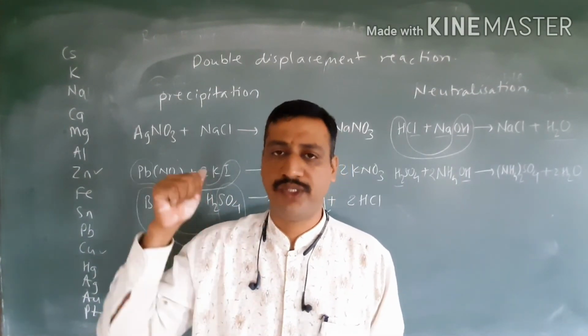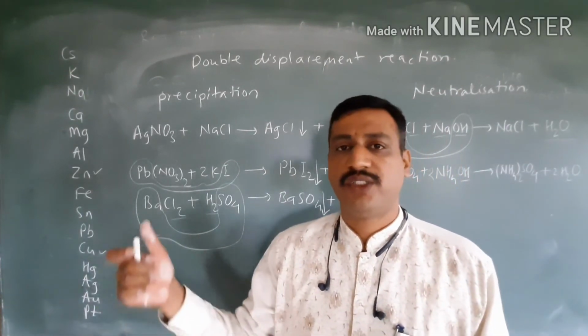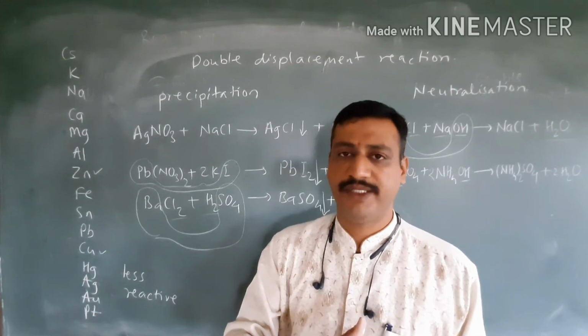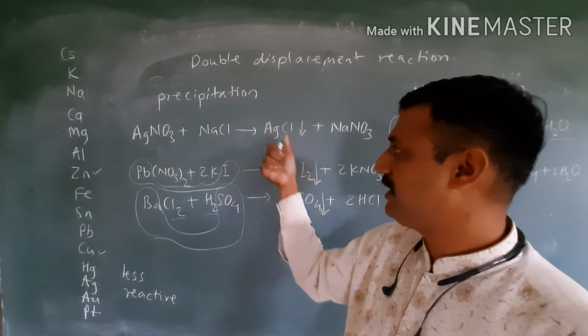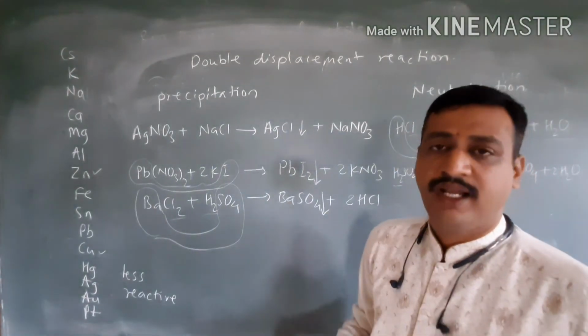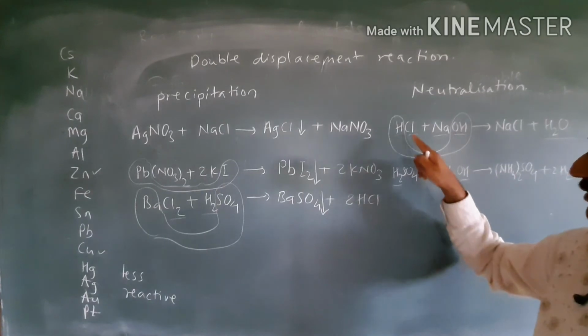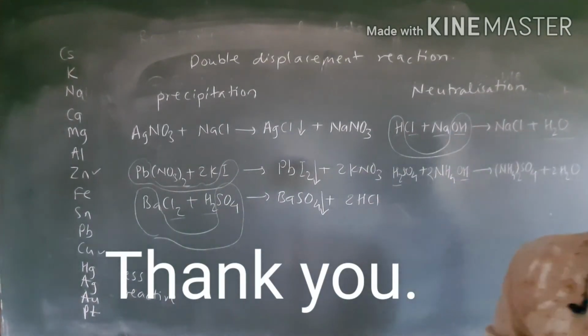And the last, fourth type, is double displacement reaction, where the positive part of one species reacts with the negative part of the other species. If an insoluble solid is formed, that is, a precipitate is formed, we call it a precipitation reaction. And another type of double displacement is the neutralization reaction, where acid plus base gives salt and water.